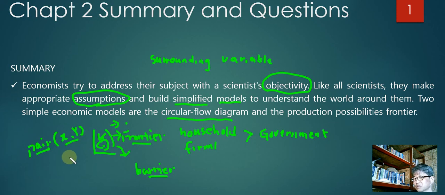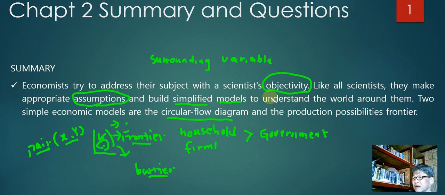So the first theory we have been taught in Chapter 2 was that economists try to address their subject with a scientist's objectivity. Like all scientists, they made appropriate assumptions and built a simplified model to understand the world around them.